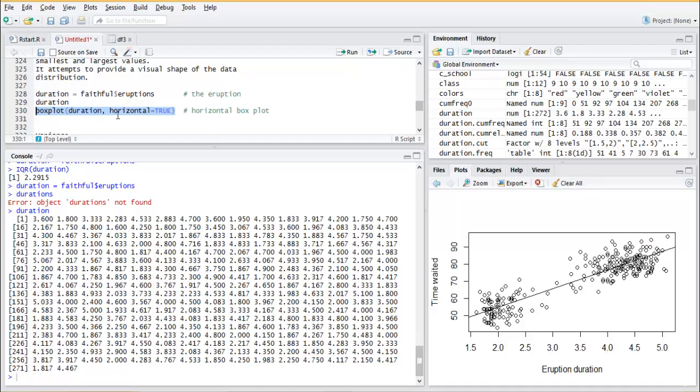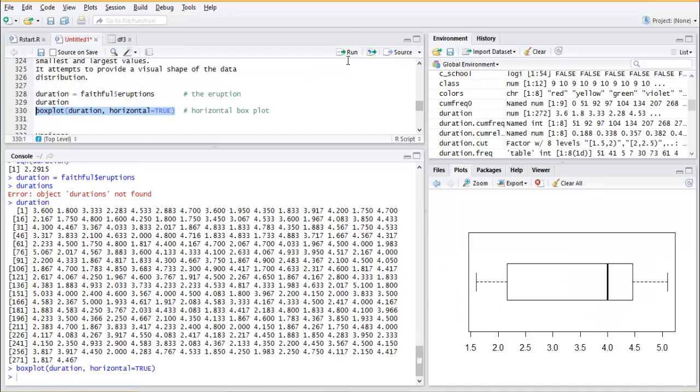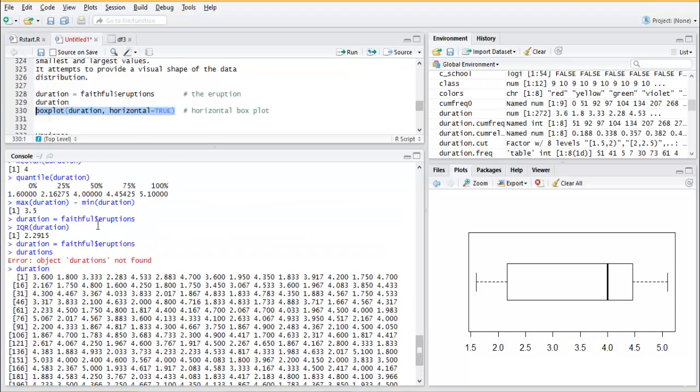Let's do the box plotting. So we have a box plot here. A quick interpretation: the highest value is something 5 plus, the lowest value is 1.6, the median is 4, the upper quantile is 4.5, the lower quantile is 2.16. So the box plot gives us all of this quickly.